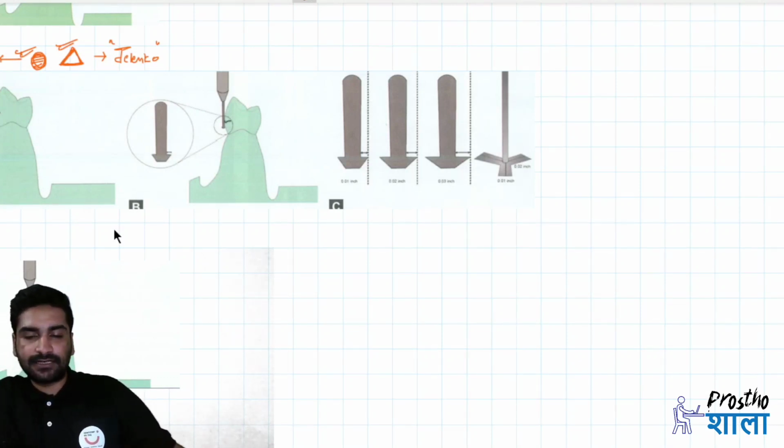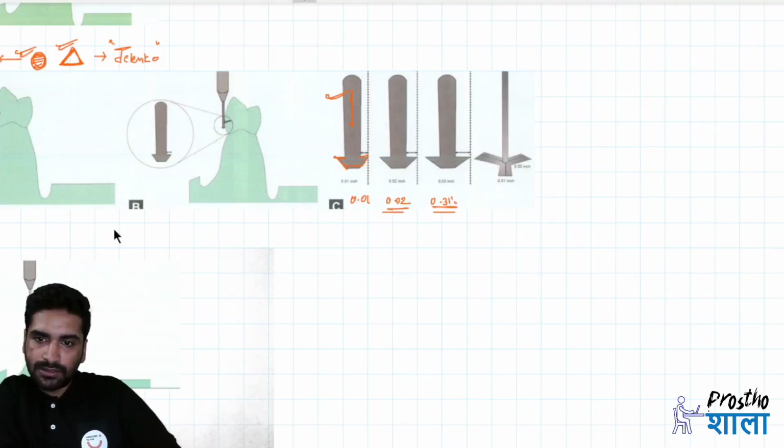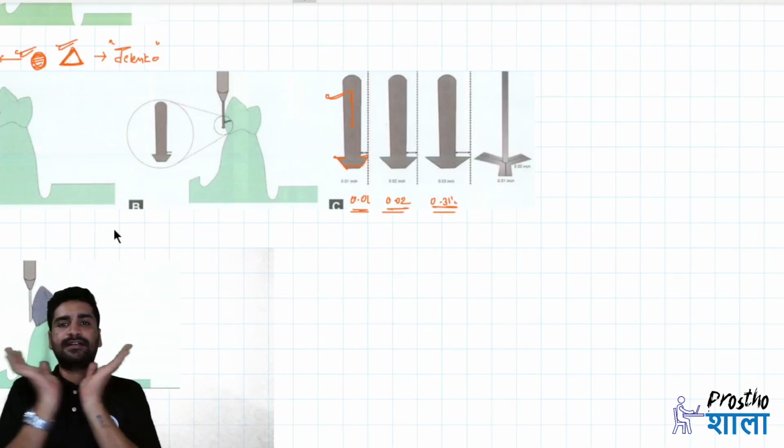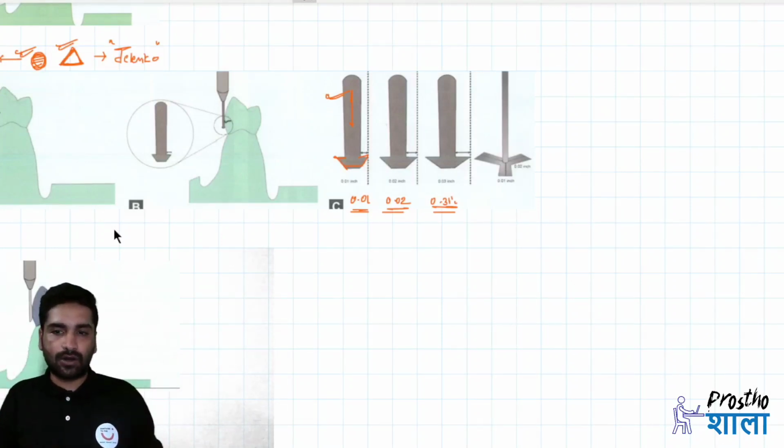Undercut gauges are again a cylindrical rod with an extension of different diameters, 0.01 inch, 0.02 inch and 0.03 inch. All these three types of diameters are extending outside from that circular rod.